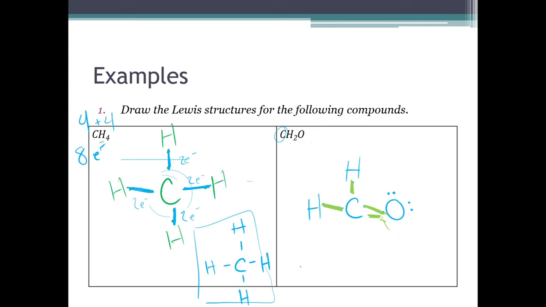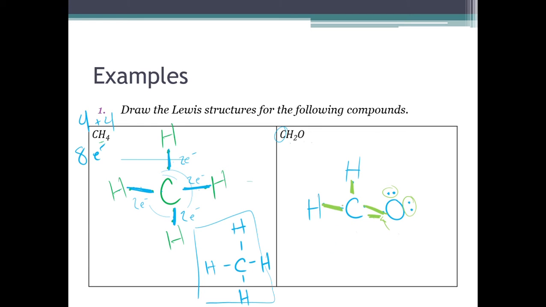So then we have paired up all of our single electrons. Every electron has a partner, right? 2, 2, 2, 2. Those are all pairs. And then we've got a lone pair here and a lone pair here. So everything's paired up correctly. Each hydrogen has 2 electrons and 2 electrons, which we've said is what hydrogen likes to have.